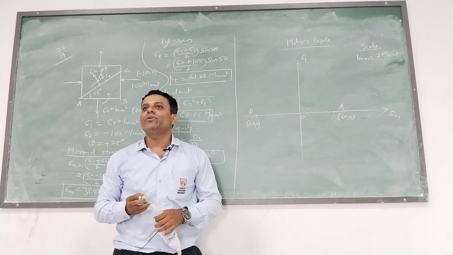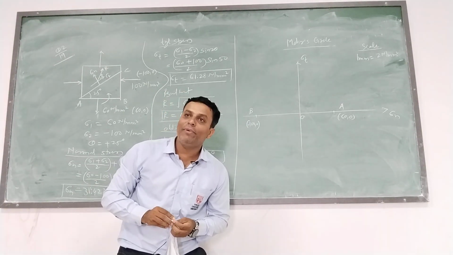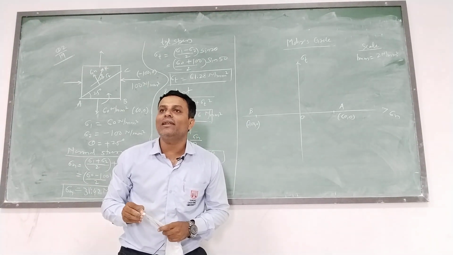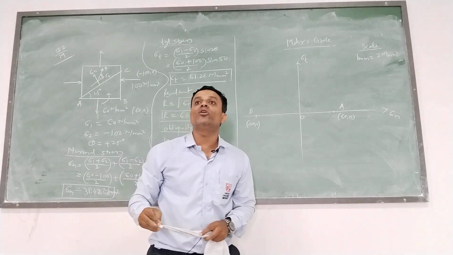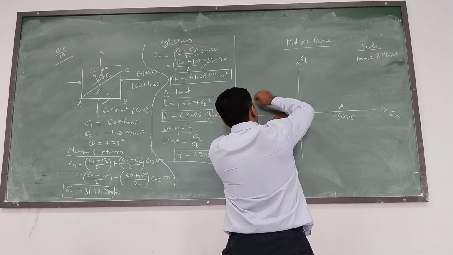Now here we will have to take the center of A and B, and that will be the center of Mohr's circle. So I am going to mark the center of AB.